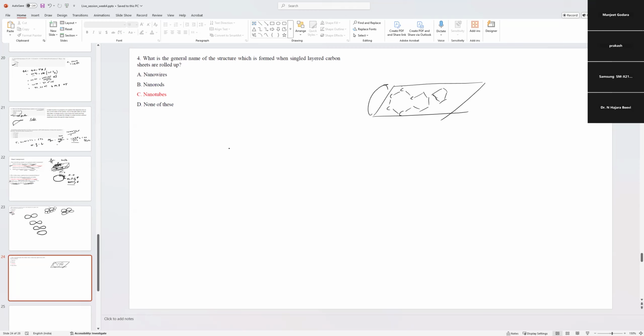If you roll it up, you get carbon-carbon forming hexagons on the surface.